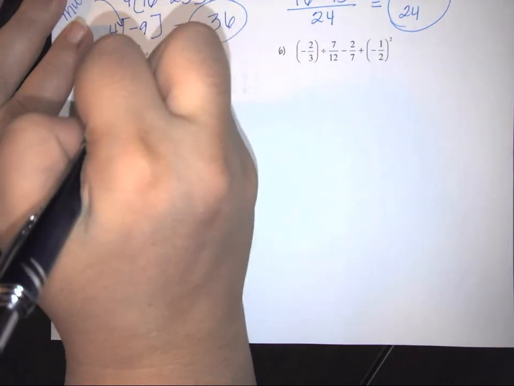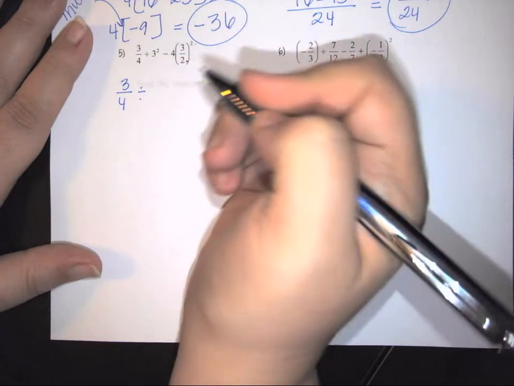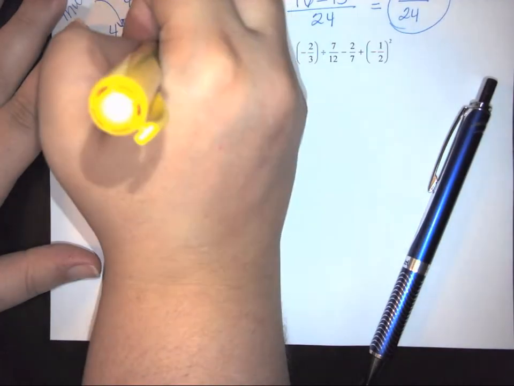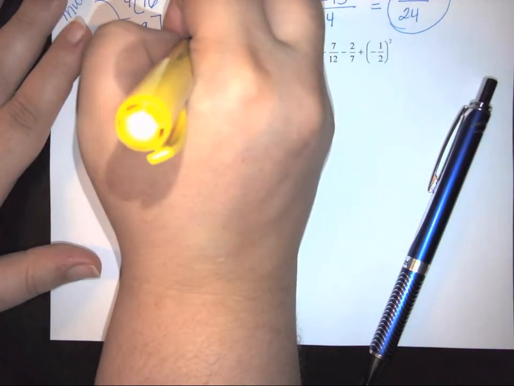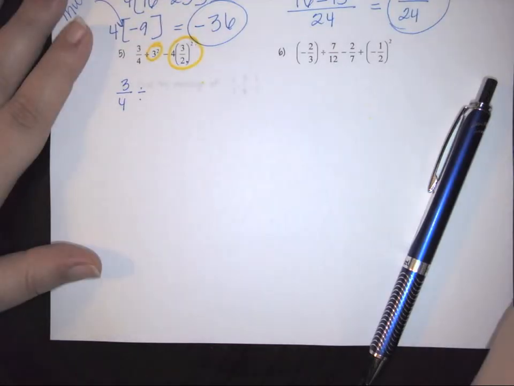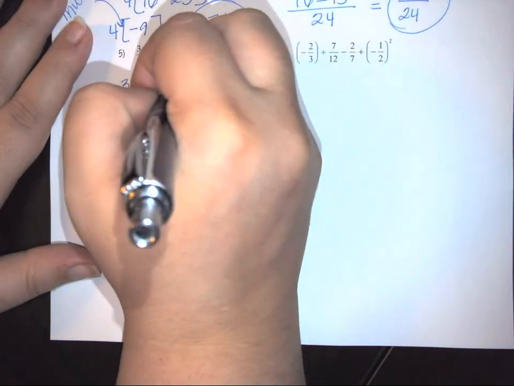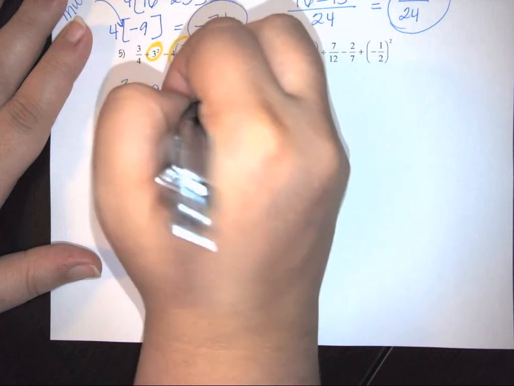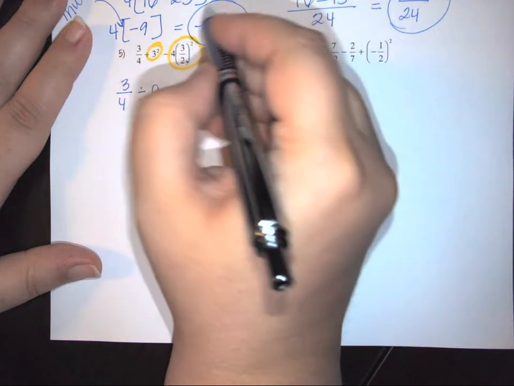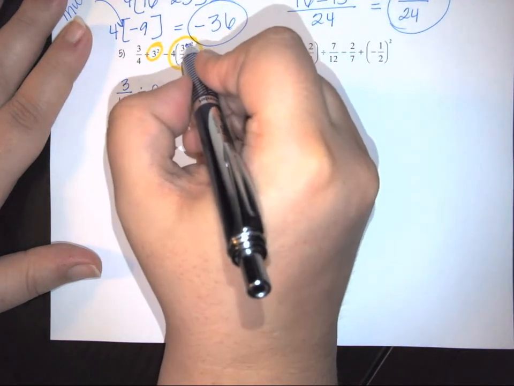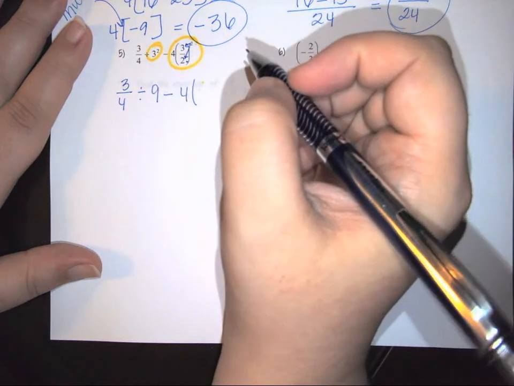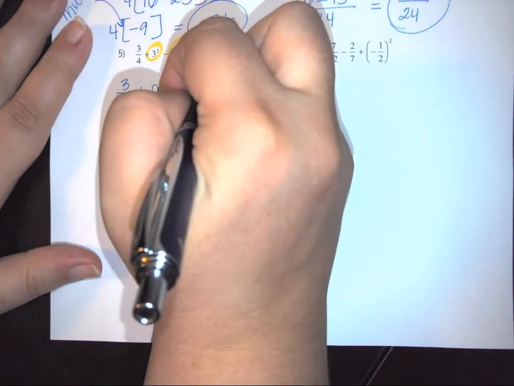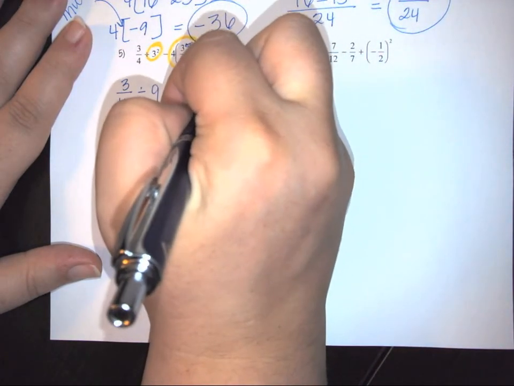So the first thing is I have 3 over 4 divided by, and I've got this exponent here and the exponent there. So 3 squared is going to give me 9 minus 4 times, and then I'm going to square the top and the bottom. So 3 times 3 is 9, 2 times 2 is 4.